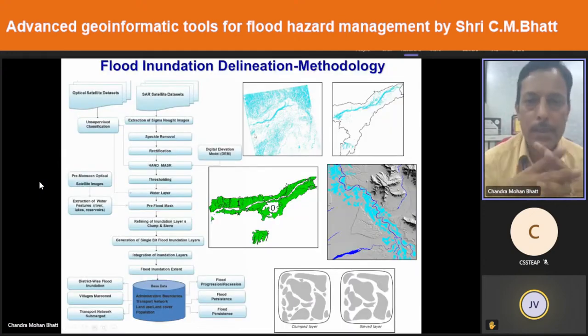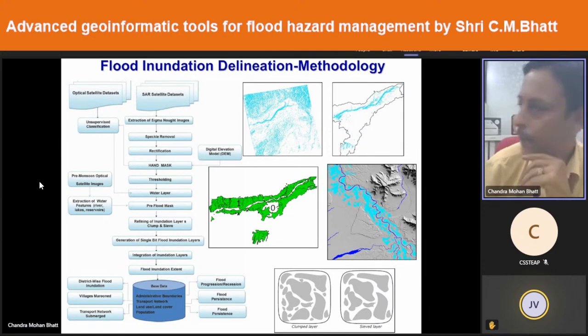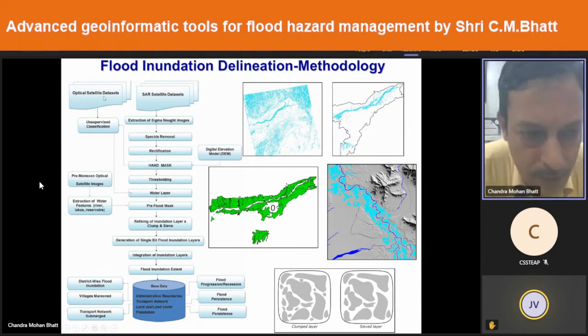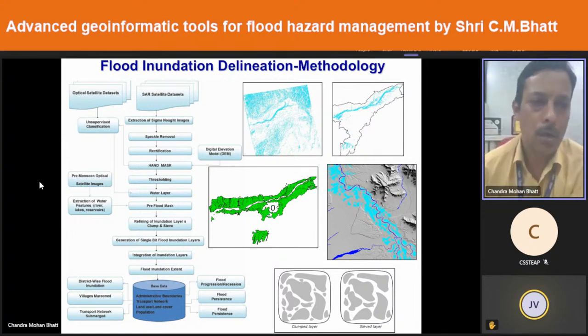And this is a flow chart which shows the entire methodology of how the flood mapping is done. If you have optical data sets, you can have supervised or unsupervised classification, or different techniques like NDWI to classify your water.